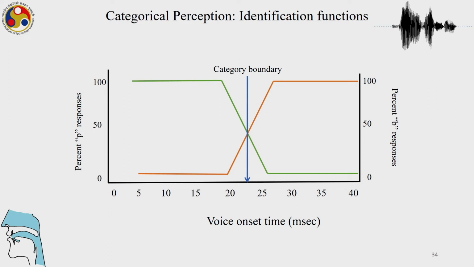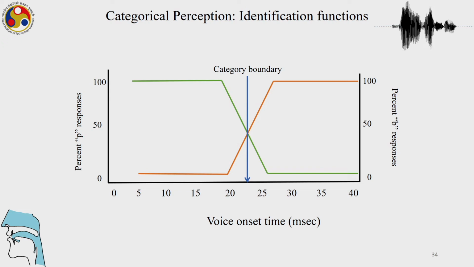So here, what this experiment means is that on the x-axis you have all these tokens which the speakers heard at 5 milliseconds, 10, 15, 20, 25, 30, 35 and 40 milliseconds, and these are the responses. So percentage responses go up to 100% when voice onset is at 25 milliseconds.